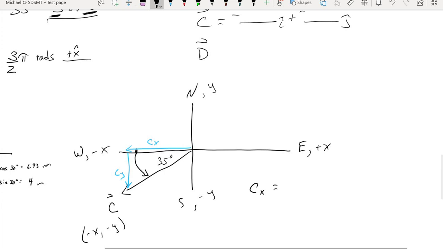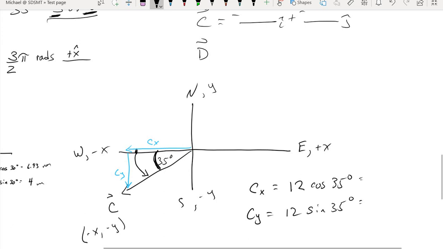The x component will be magnitude, C has a magnitude of 12 meters, and our x component is the leg adjacent to our angle, so that is cosine. And that means our y component will be using sine.